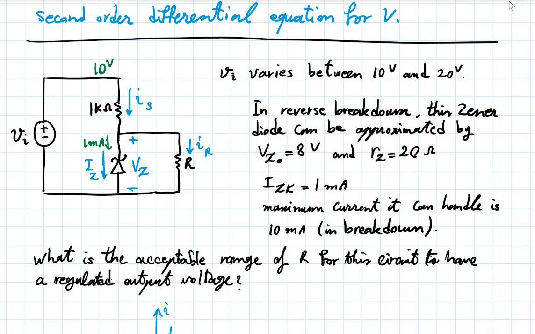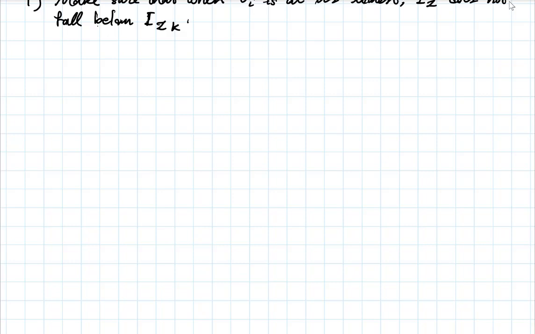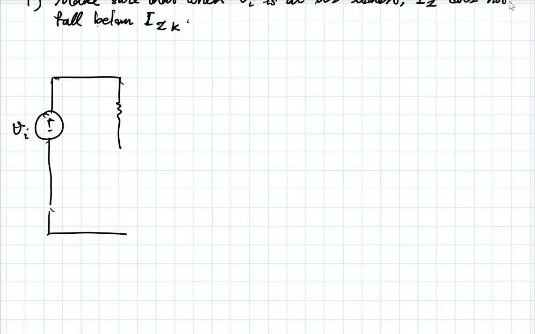Now it might be more convenient to actually represent the circuit with the simplified diode model. So if this is what I had, and this was 1 kilo ohm, I think.